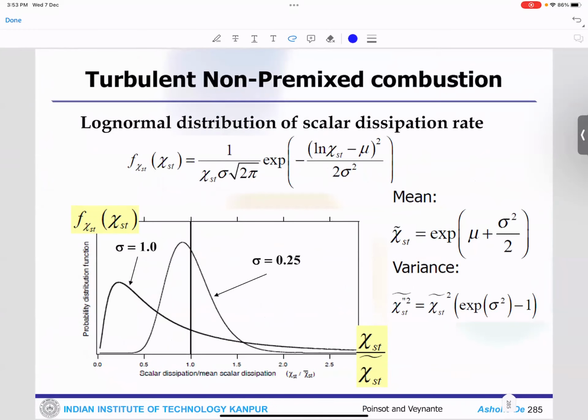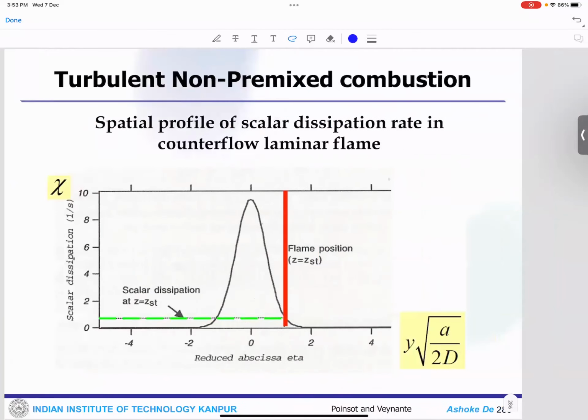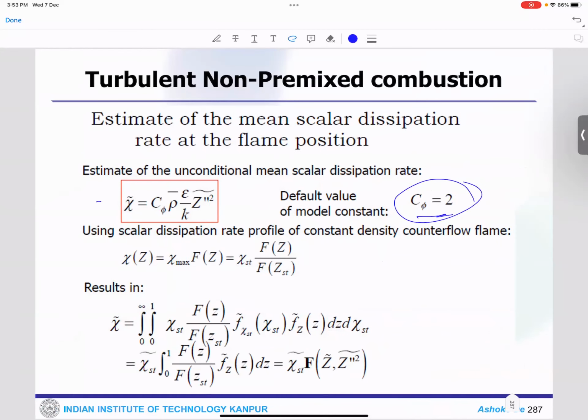You can see some function of the, okay, this is again the strain rate effect. So this is how you define your scalar dissipation rate. There is a constant which is called the mixing constant or model constant. For most flames, this works fine as 2, but in certain situations where you have partial premixing or things like that, this mixing constant of 2 doesn't work.